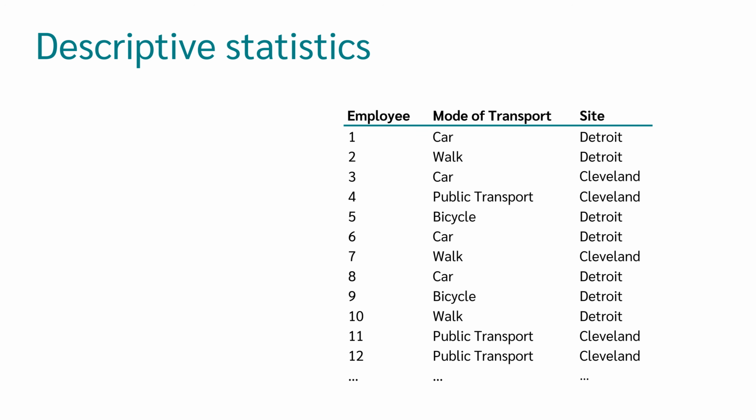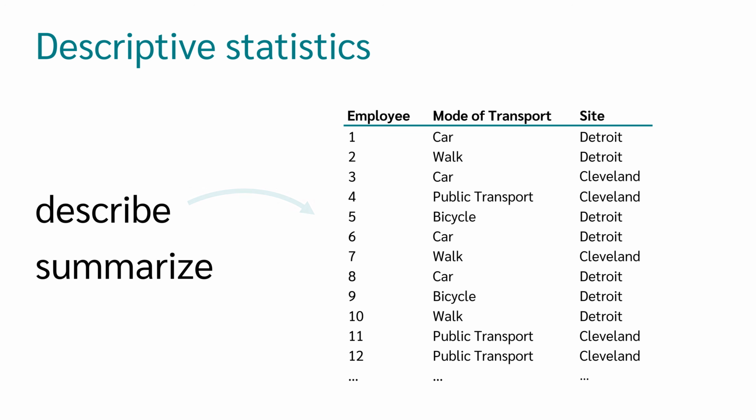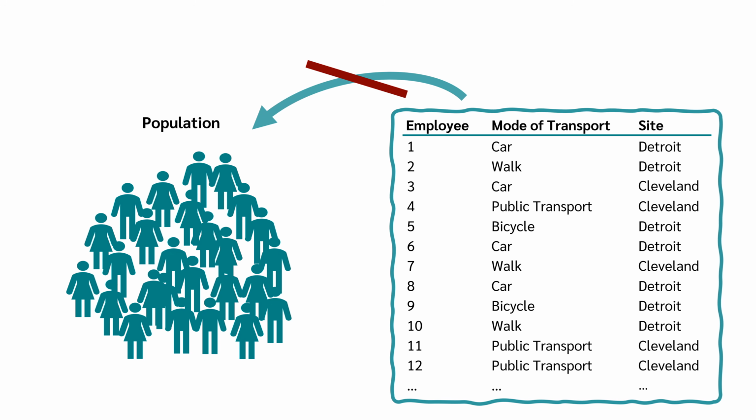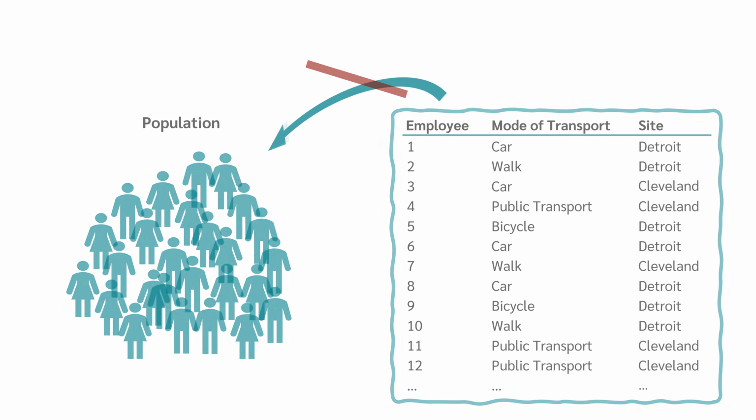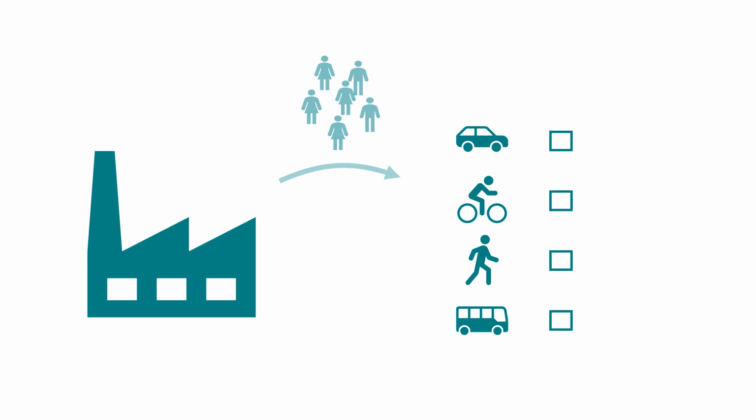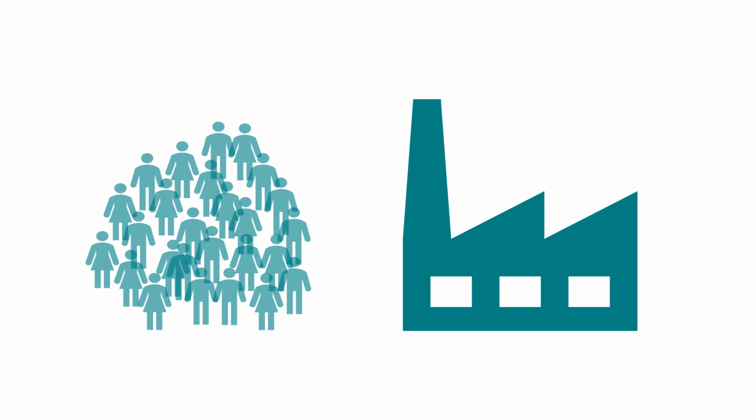Descriptive statistics aims to describe and summarize a dataset in a meaningful way. But it is important to note that descriptive statistics only describe the collected data without drawing conclusions about a larger population. Put simply, just because we know how some people from one company get to work, we cannot say how all working people of the company get to work.